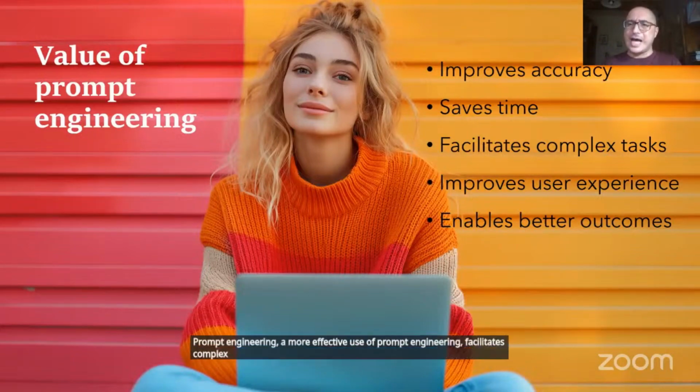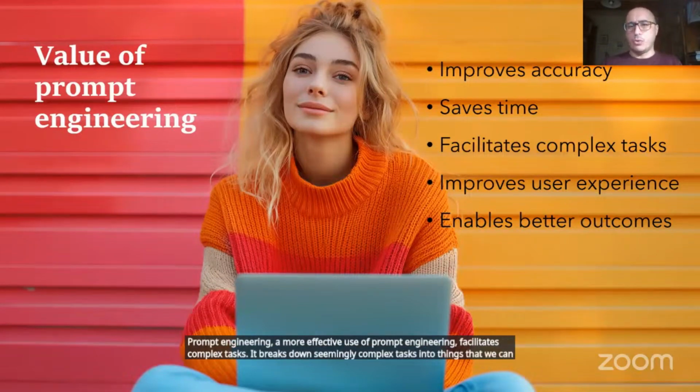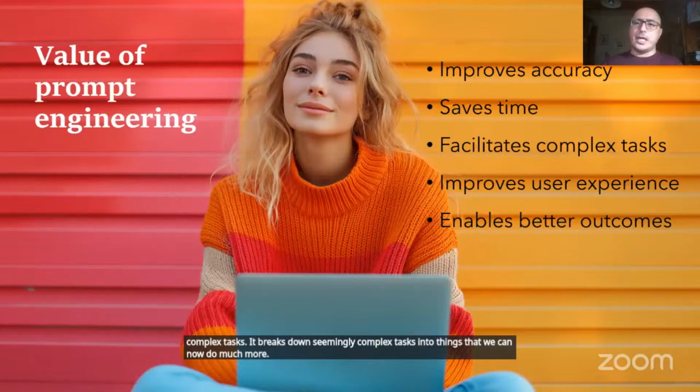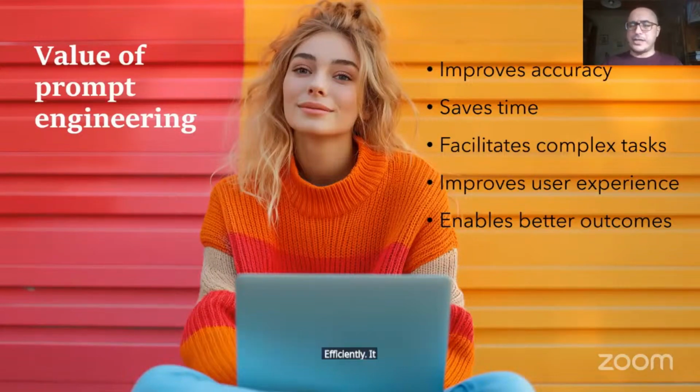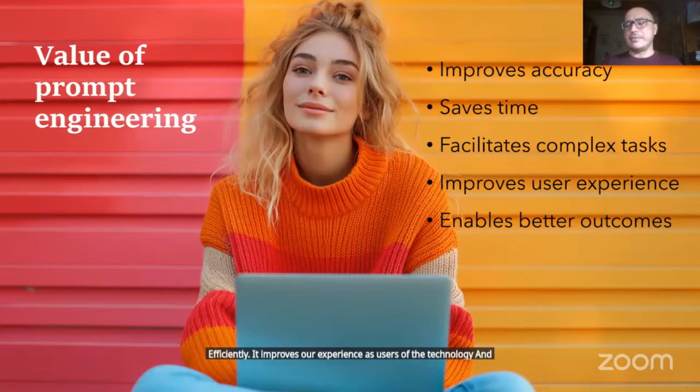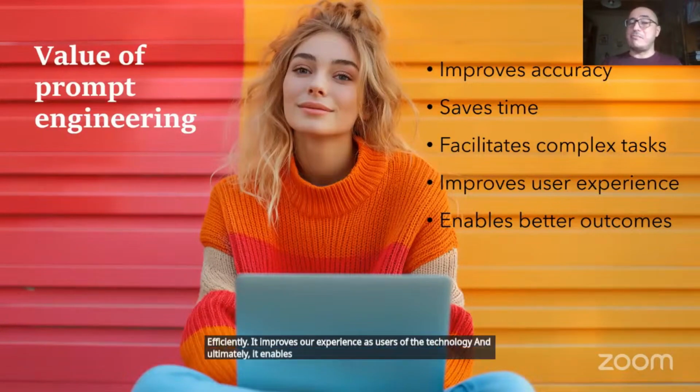It breaks down seemingly complex tasks into things that we can now do much more efficiently. It improves our experience as users of the technology, and ultimately it enables us to achieve better outcomes. So whichever tasks we might have in mind, we are now being more productive.